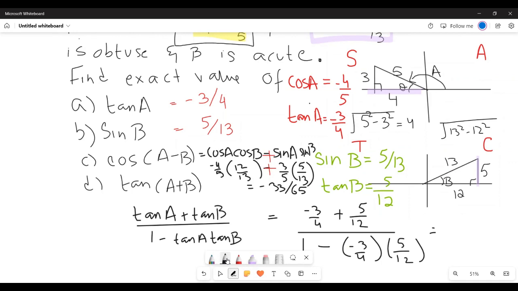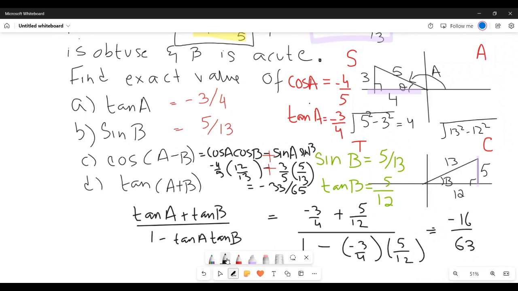Yes, what's the answer? Minus 16 by 63. Okay.